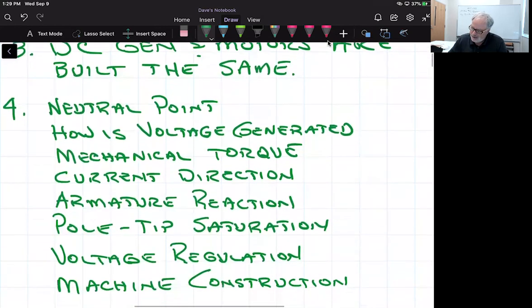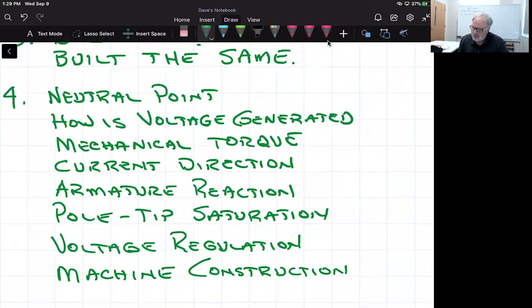And then, some of the things that we're going to hit here in this chapter 4, we want to understand what a neutral point is. We want to understand this idea of how voltage is generated. We want to understand this concept of mechanical torque. We want to see how current direction can change and the effect that it has.